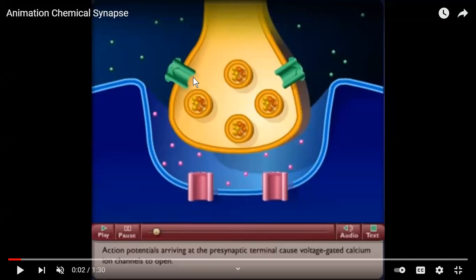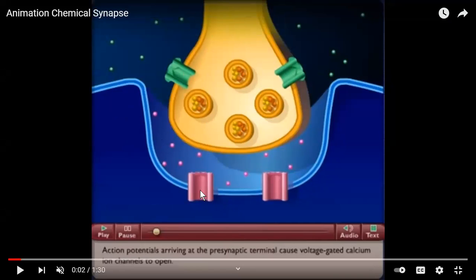Here is our presynaptic neuron in yellow. The postsynaptic neuron is in blue, and you can see this large dip on the surface of the postsynaptic neuron, giving room to the axon end bulb. You see the neurotransmitters bottled up in the synaptic vesicles. You see the voltage-gated calcium channel on the presynaptic neuron.